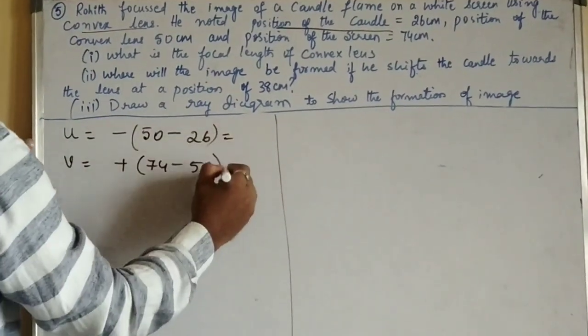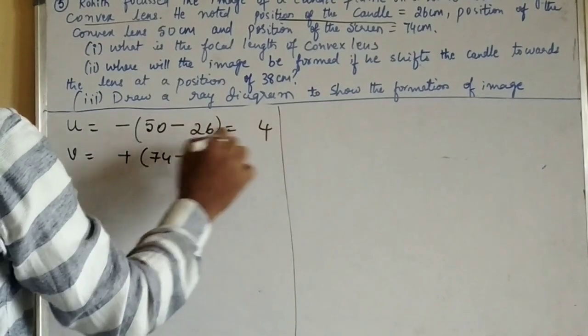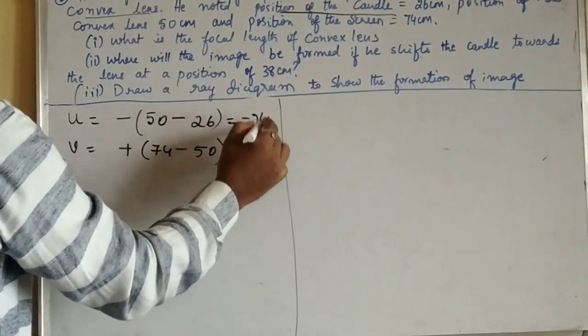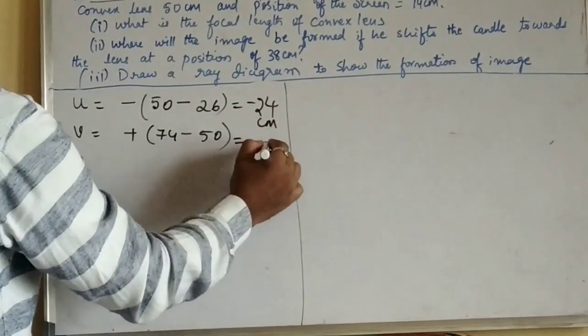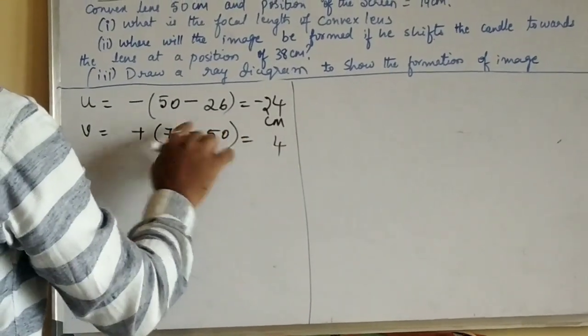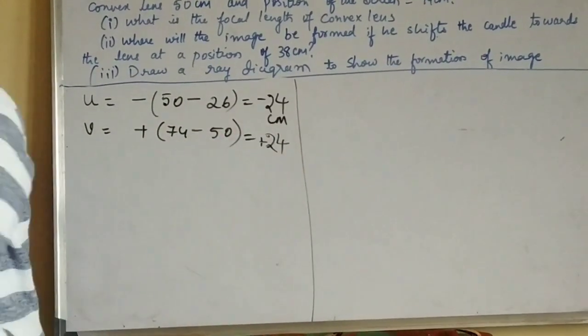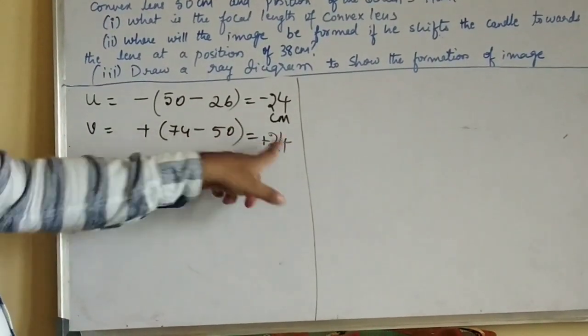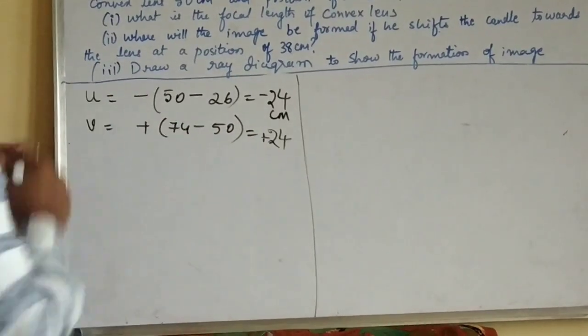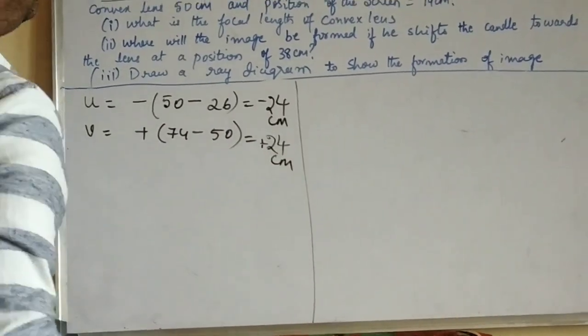So what do you get? Minus 24 centimeter is the object distance. Image distance will be plus 24 centimeter, because 74 minus 50: 4 minus 0 is 4, 7 minus 5 is 2. So plus 24 centimeter.